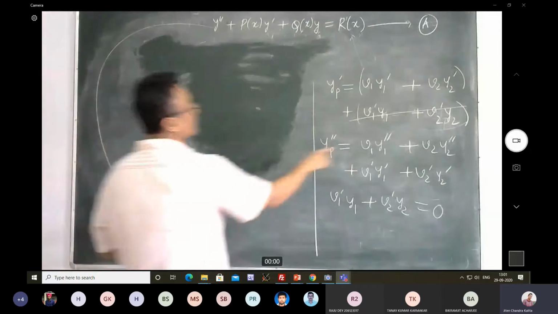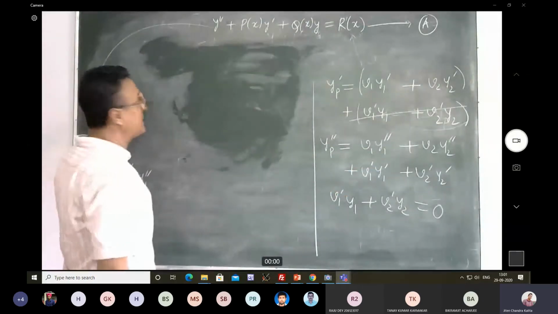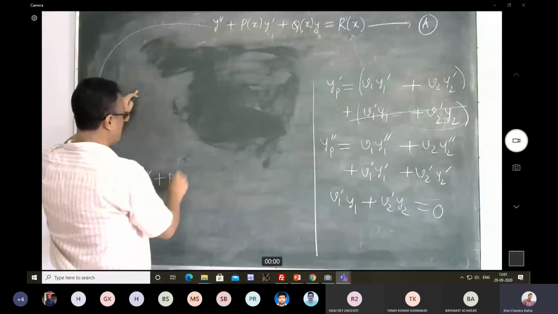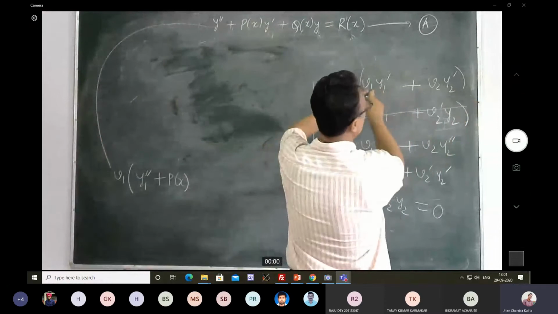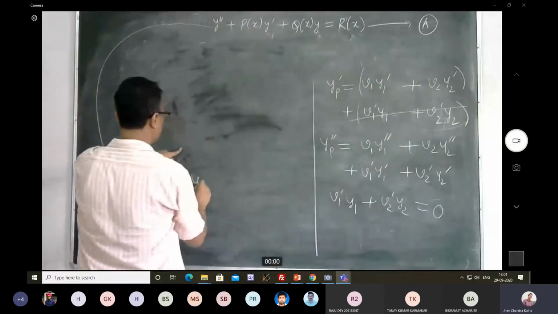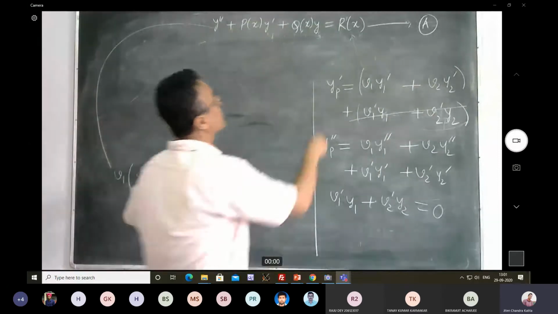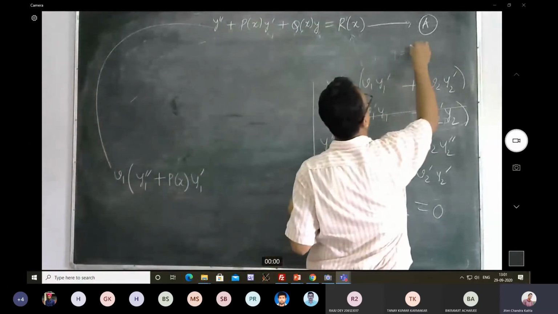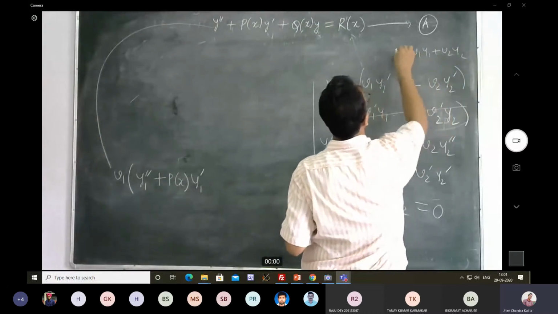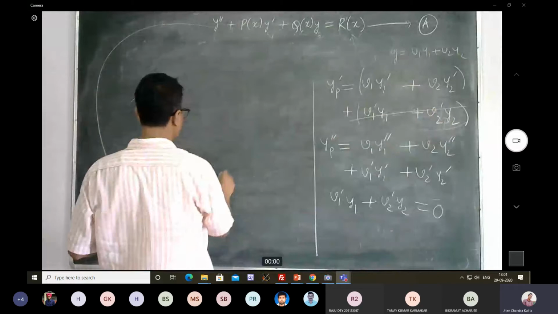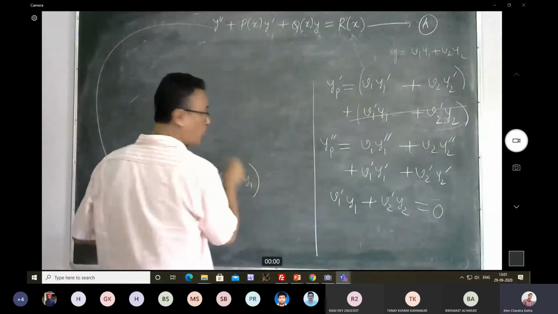From here I get y1 double prime, plus px times y1 from this part, and since y is v1 y1 plus v2 y2, from this part I get qx y1.